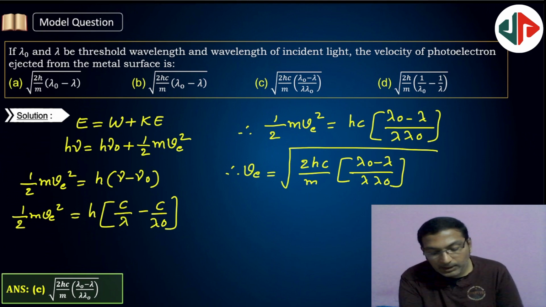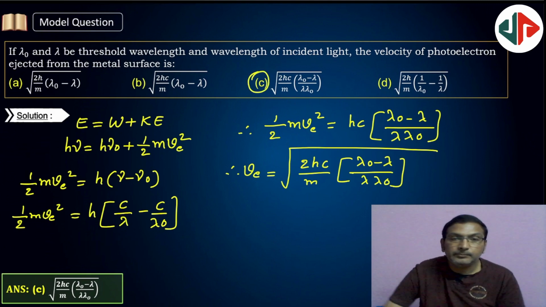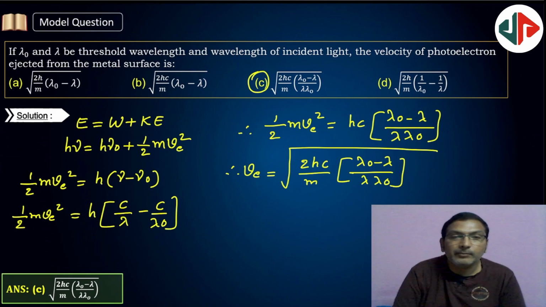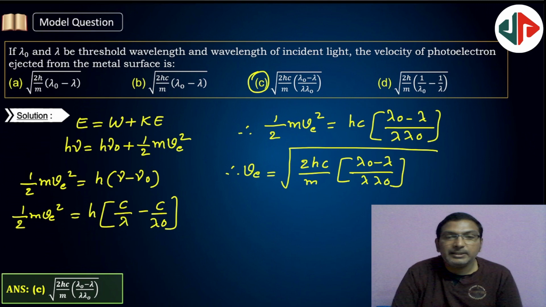Option C. So 2 times it was given in JEE Mains. Very important formula. So V is velocity, H Planck's constant, C velocity of light, M mass, lambda naught threshold wavelength, lambda is incident wavelength.